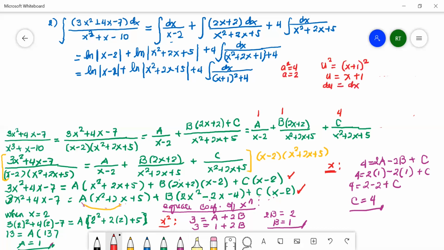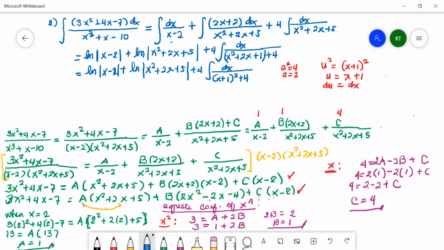And look at the integral. Integral of dx over x plus 1 squared plus 4. Exactly in the form integral of du over u squared plus 4, which leads to arctan, okay, 1 over a arctan of u over a plus c.